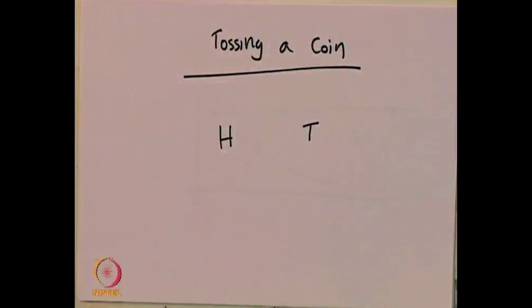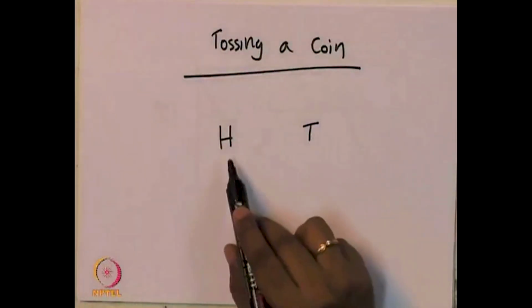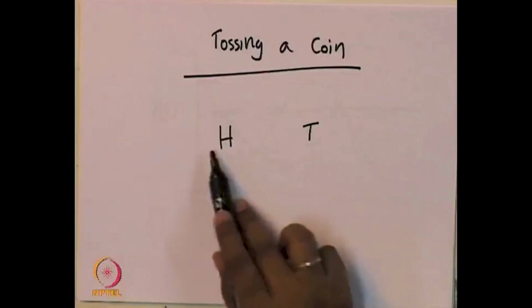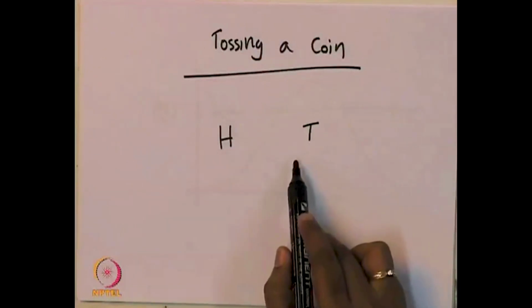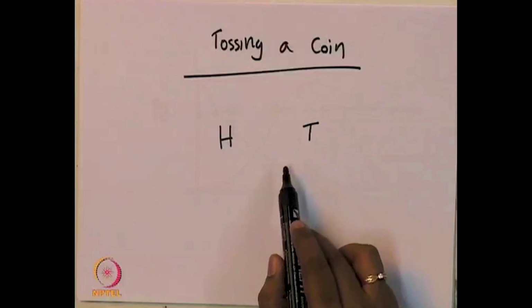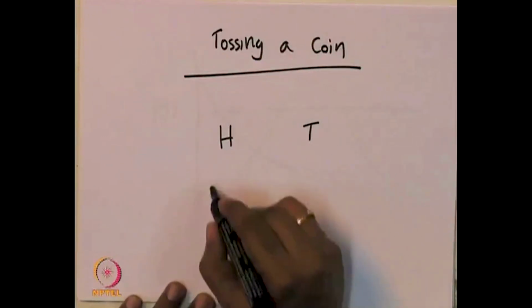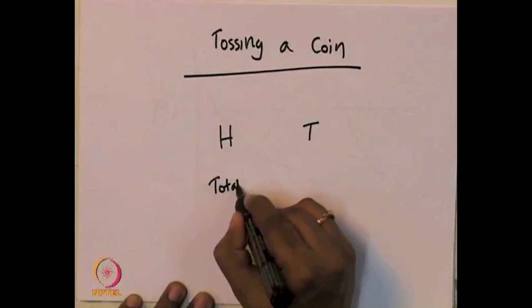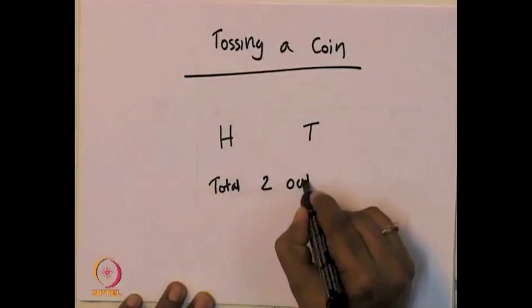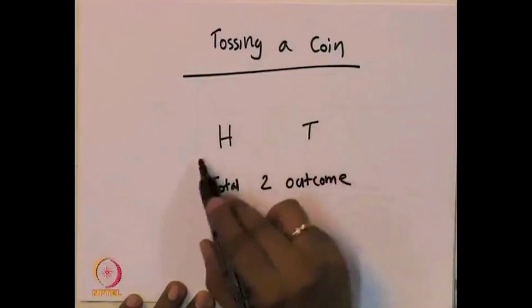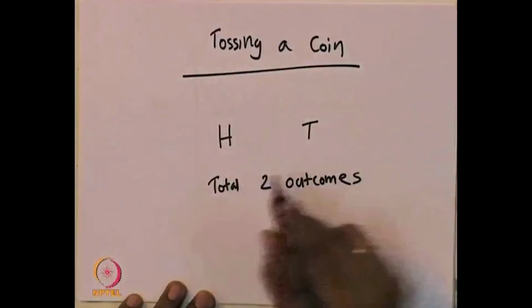One side we can call head, and the other side can be called tail. So, you will get either one side or the other side. There are total two outcomes, head or tail.